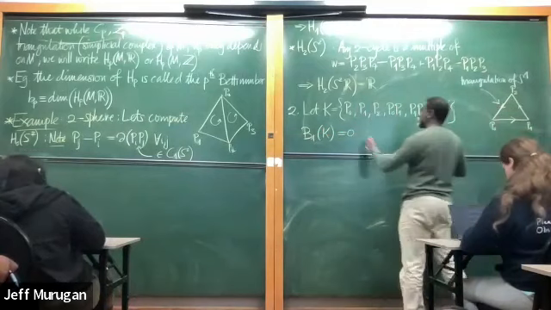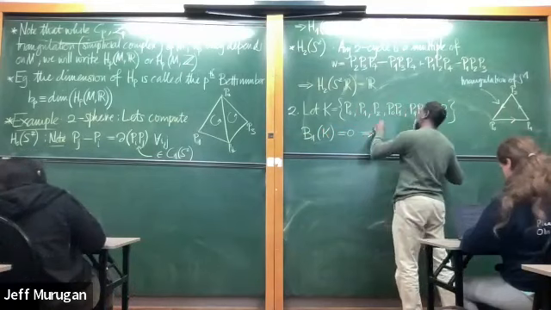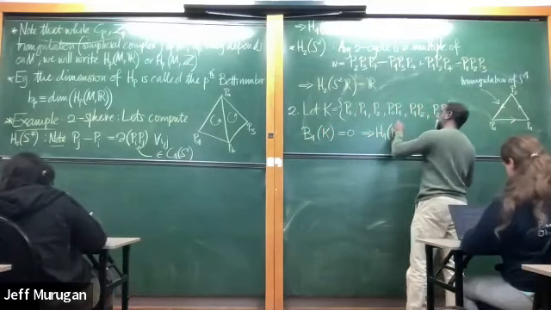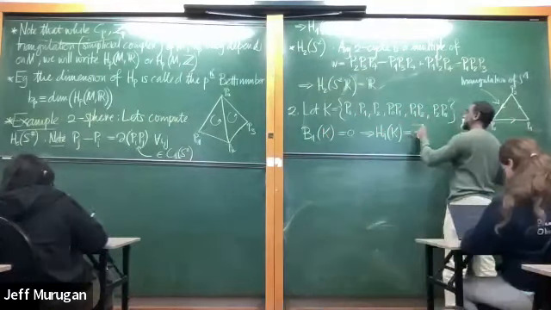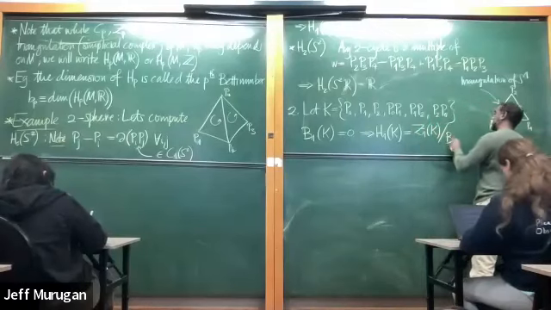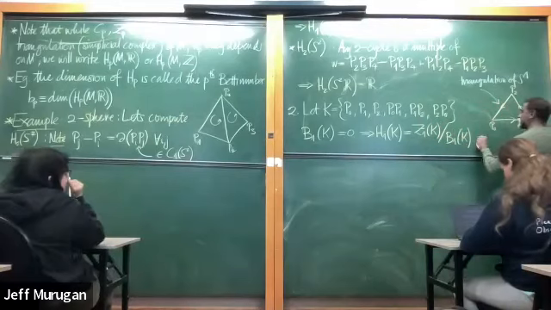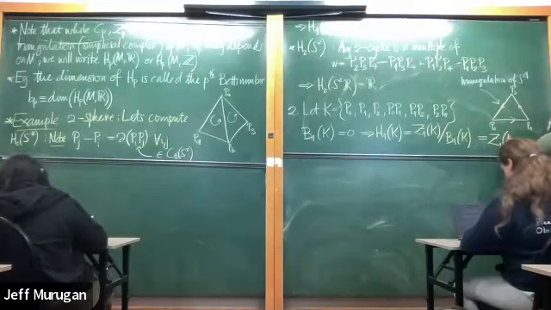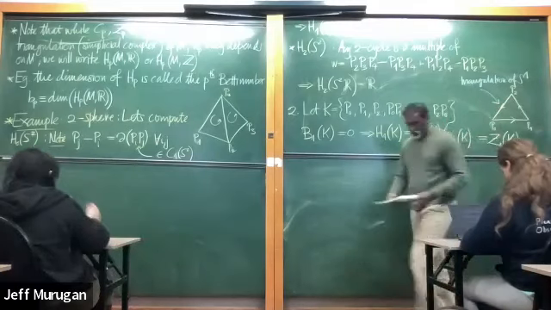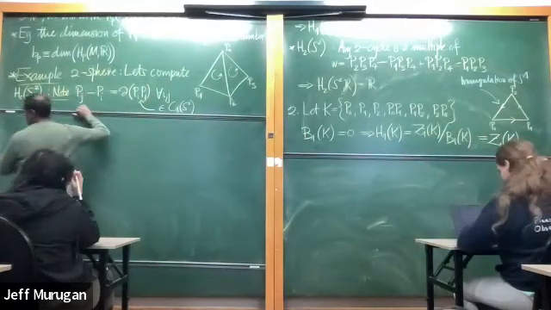And H1 of K is Z1 of K over B1 of K, which is just Z1 of K. So now we can look at what Z1 of K is.